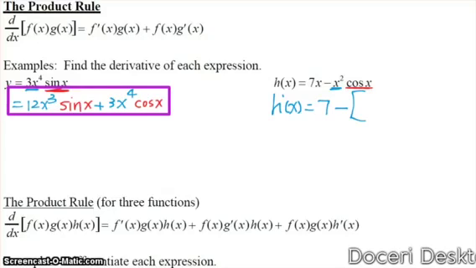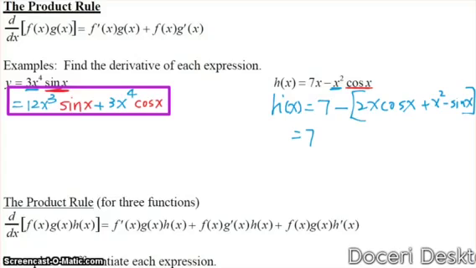So 2x cosine, write it down. Don't touch that. Plus x squared negative sine x, bracket. Okay. Now, next thing we need to do, well, it's 7.